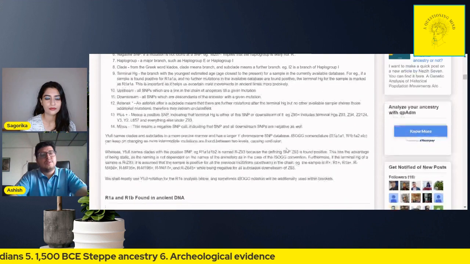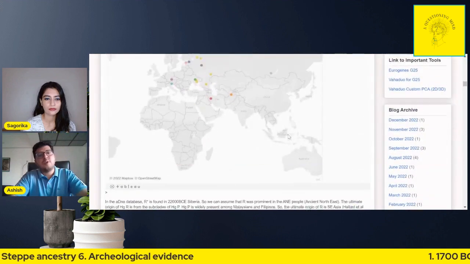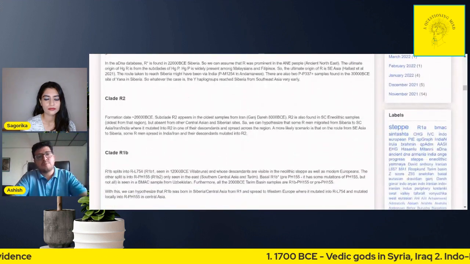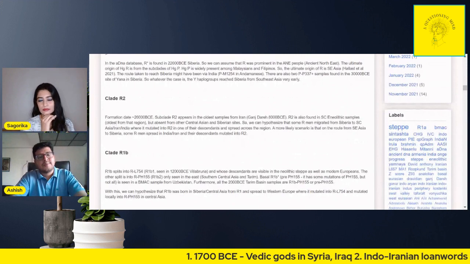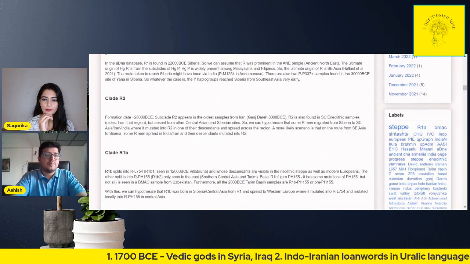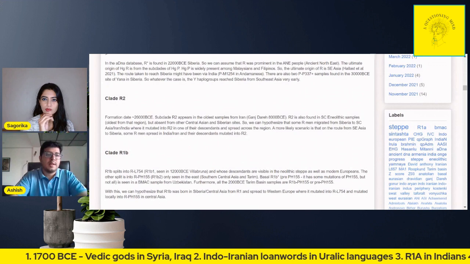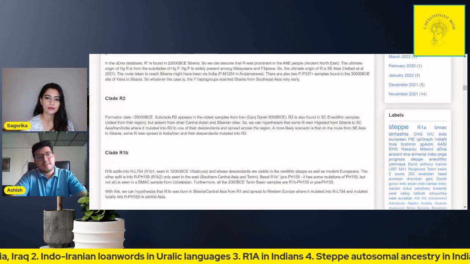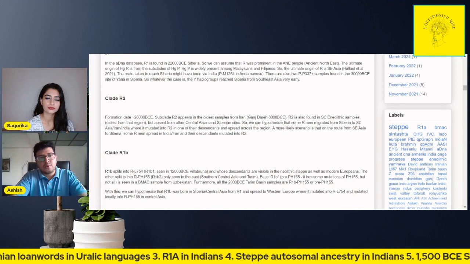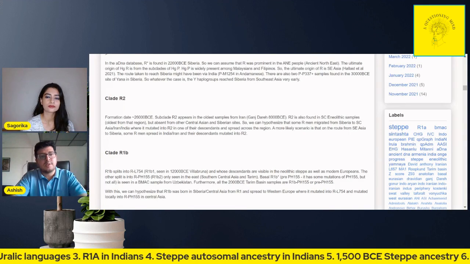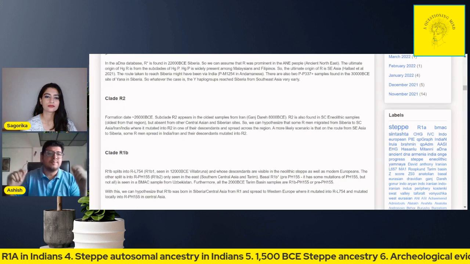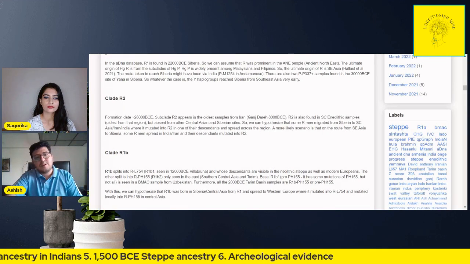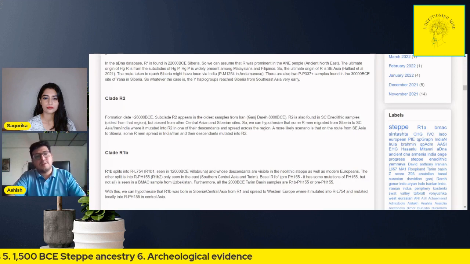So the idea is that there probably would have been ancestors of L657 who came from the steppe in very small numbers, and one of them became reproductively successful in India after 2500 BCE. Now, the birth date of this L657 is also 2200 BCE, like 700 years before the alleged invasion. So the birth of this is actually before any invasion, and in India itself.